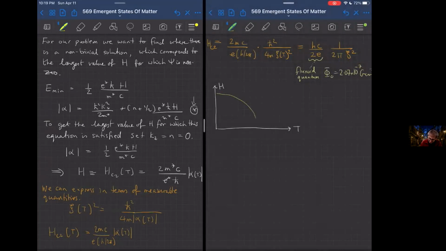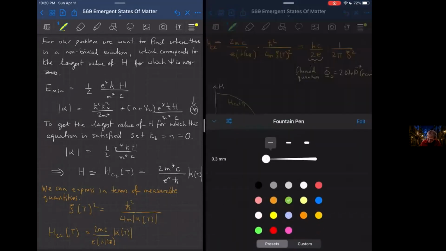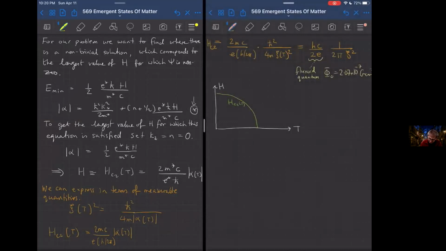We've got a curve that looks like this. Let me call this one Hc2. That's the one that we've just calculated. And then we have another curve, which is the one that we've calculated before. So let me draw that over here like this. So this is Hc of t, or it could be out here. We don't really know which one it is.